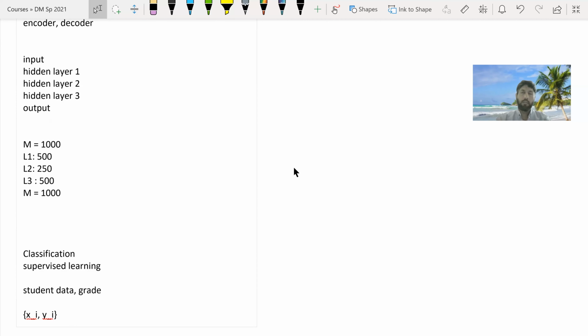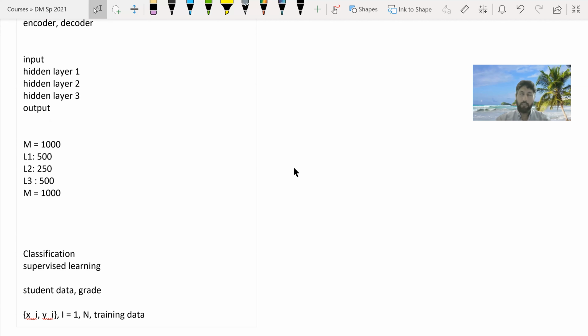So we have labeled data: a previous record of some students, and the grade that student received. This is why we call this labeled. And how many data points are there? That is 1 to n, let's say. So this is our training data.